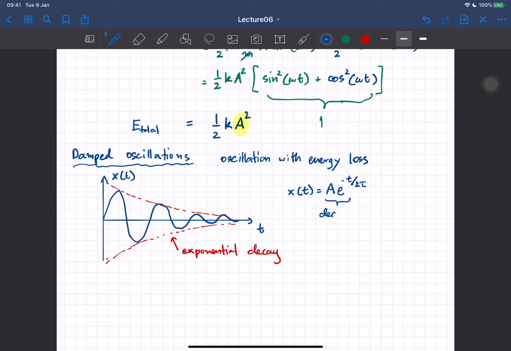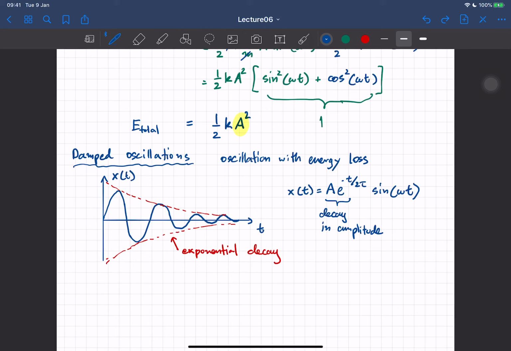So this is the decay in the amplitude, that's what gives the exponential decay in this graph. And maybe I'm going to use sine here, so sine omega t, something like this. The only difference is the amplitude is not constant in this case. But again, this is just for reference. You don't need to remember this.